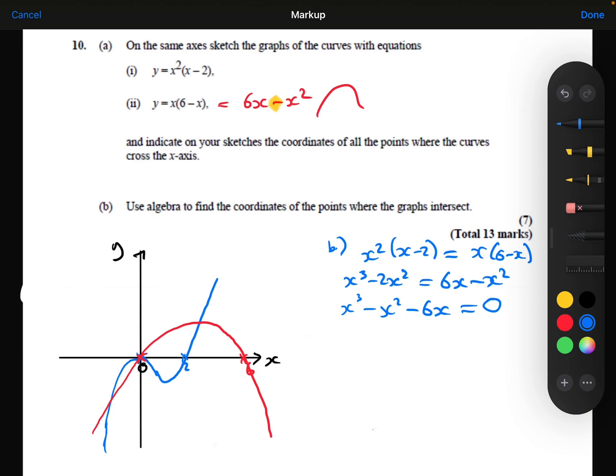To solve this, it does say to use algebra, so you can't be using any calculator methods here. We're going to factorise the x outside first here, because each of these terms has an x in them.